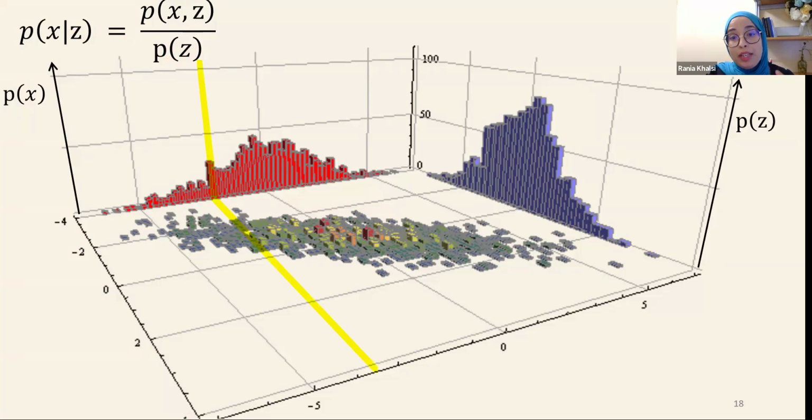Essentially, it's like taking a slice of the joint distribution and normalizing it by the probability of sampling that value of z. Let's take an example. If we want to compute p of x given z, we consider that z is equal to 23.